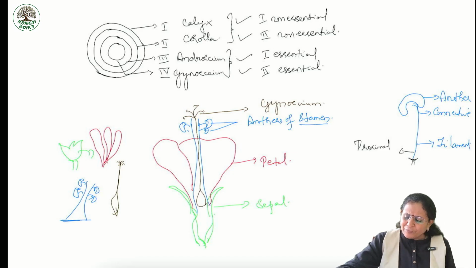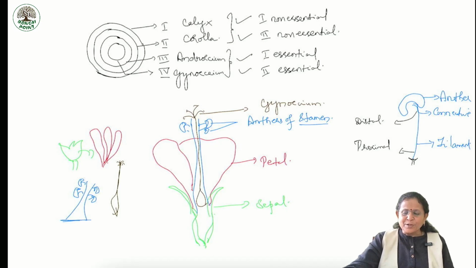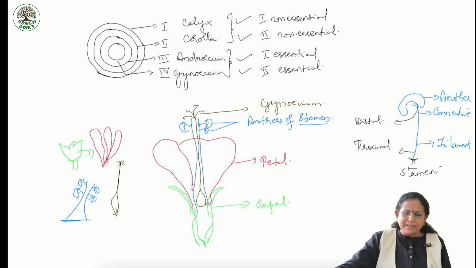Whereas the part of the filament that is attached to the anther is said to be the distal part of the filament. So, which is the part of the filament that is attached to the thalamus? It is the proximal part. Is it clear? Okay. These are the parts of a stamen.